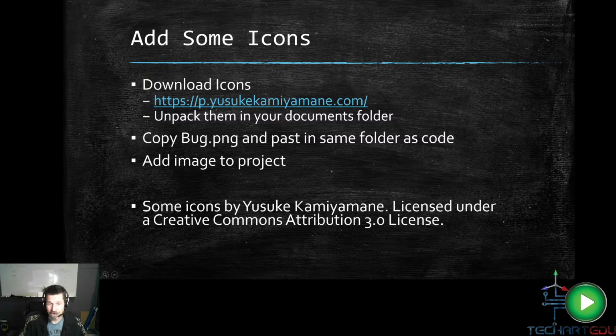You can download this and unpack it in your documents folder, and grab lots of these little baby PNGs. Then you paste them into the same folder as your code, and add the ones you want to your project. Then you can use these icons inside of your PyQt interface.